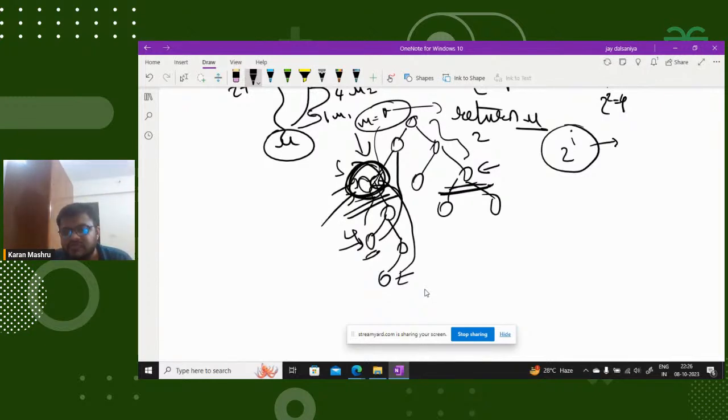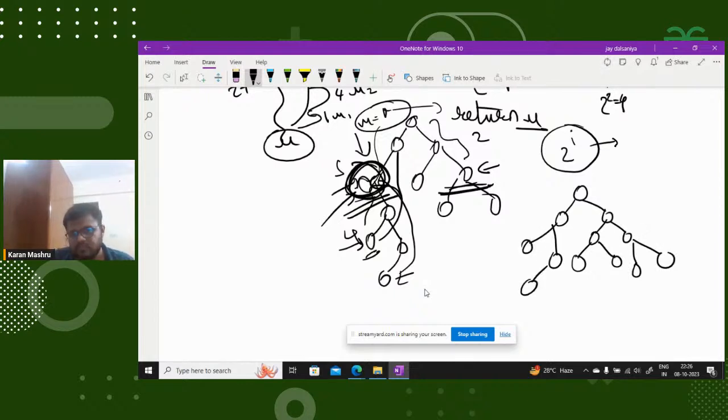So what I'm trying to say is, suppose this is my source and this is my destination, both of them are at level 4. Now are their parents at 2 power 3 distance the same? 2 power 3 is 8, the level of this node and this node is 4.